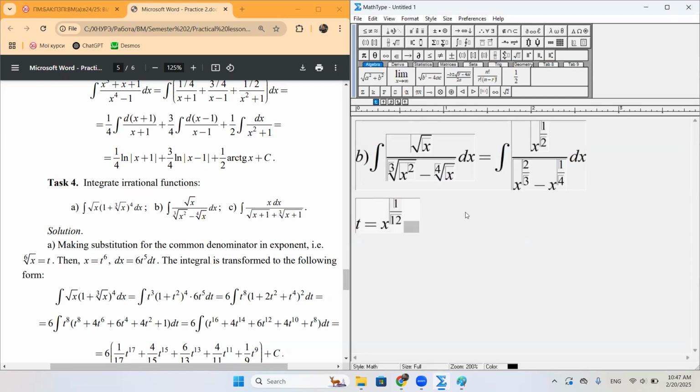Then x equals t in power of 12, dx equals 12 t in power of 11 dt.